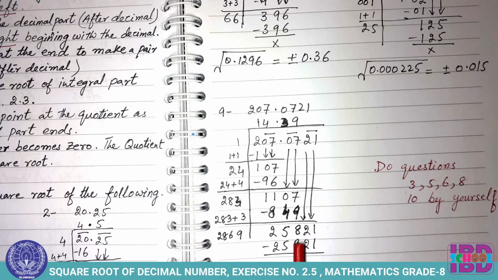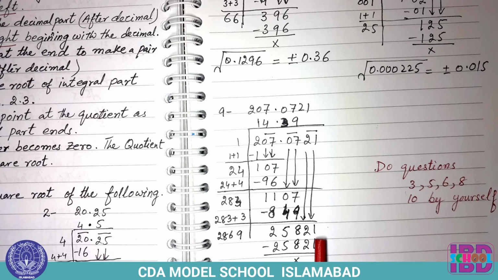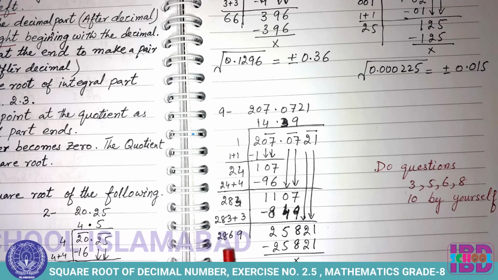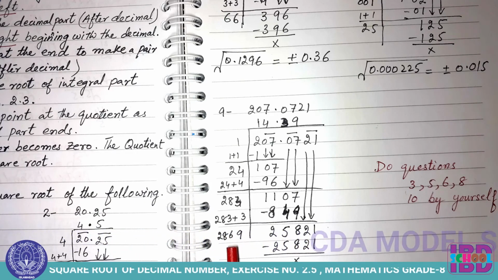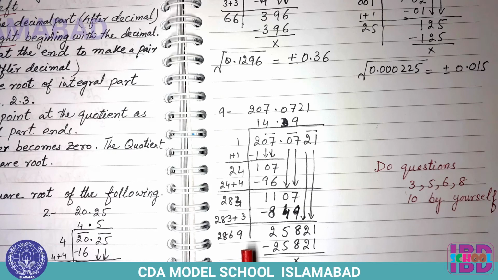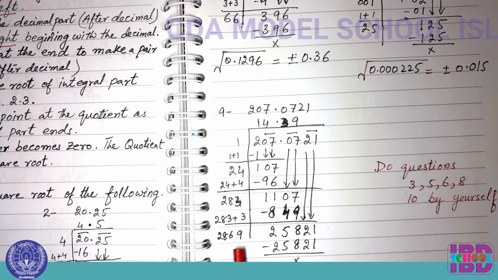We get 258 as remainder. We have to note down the last pair. The dividend becomes 25821, and after adding 3 to the divisor, 283, we have the resultant number 286. We have to find the next digit with 286. We take 9. Now the divisor becomes 2869.